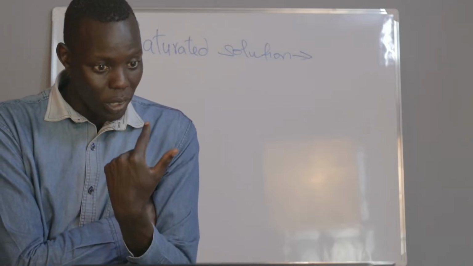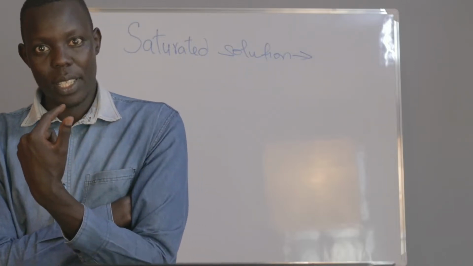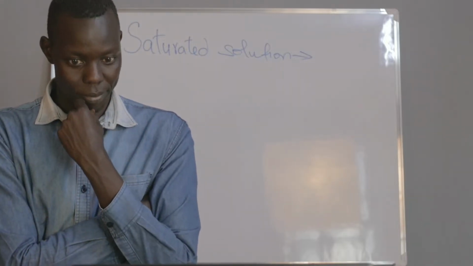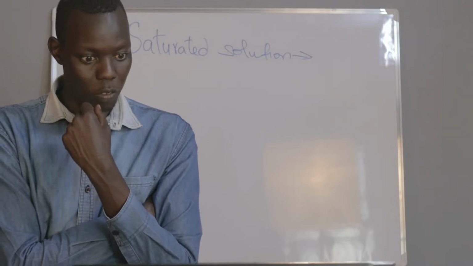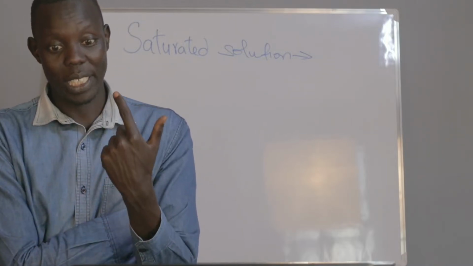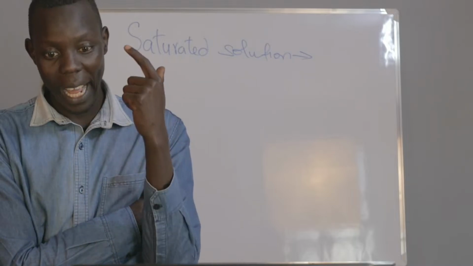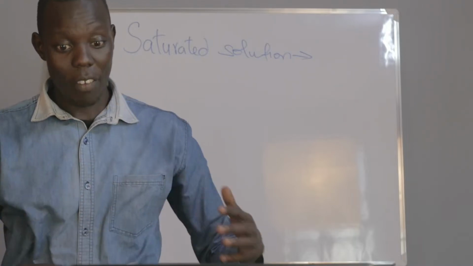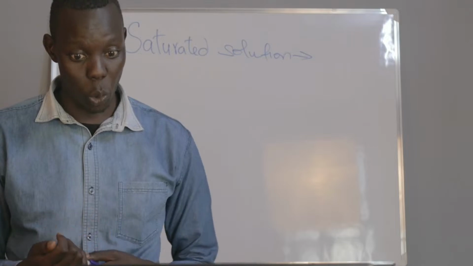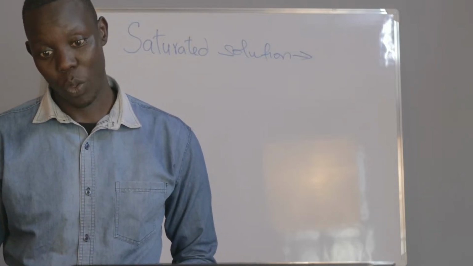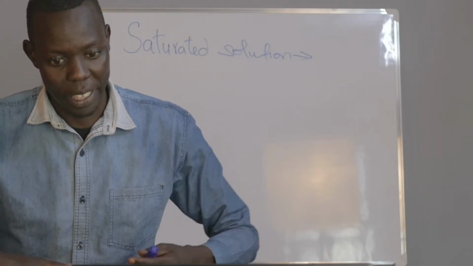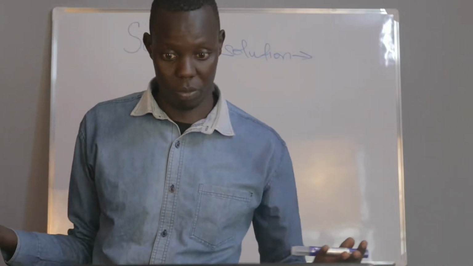So the solution in which no more solid can dissolve is called a saturated solution. It happens under a constant temperature. After we add salt and it refuses to dissolve, we call it a saturated solution because it can't dissolve anymore.